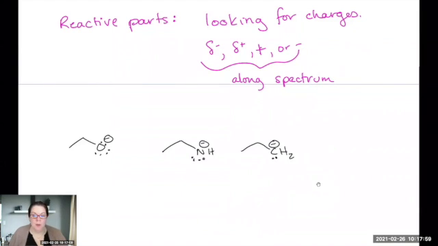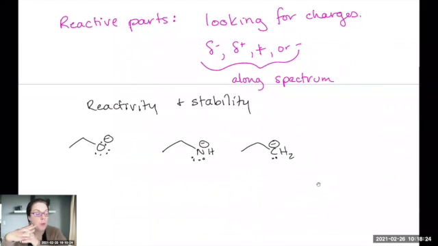Okay. So we want to identify which of these is going to be the most, middle, and least reactive. So if we're talking about reactivity, that's directly related to how stable it is. So we're looking at reactivity and stability.